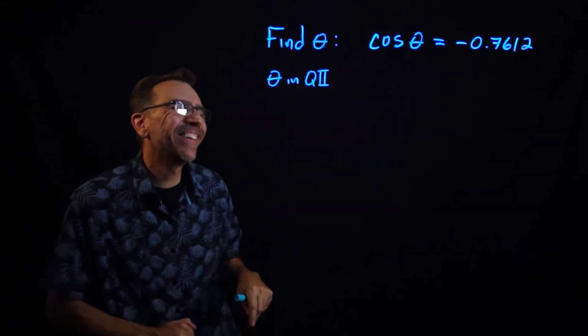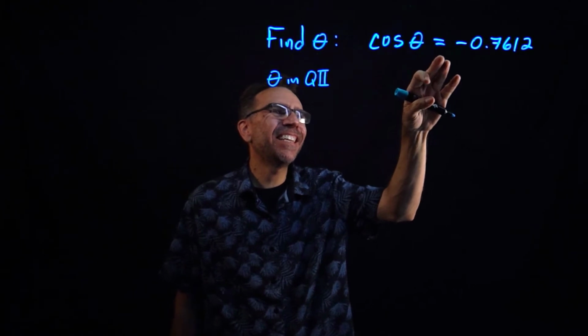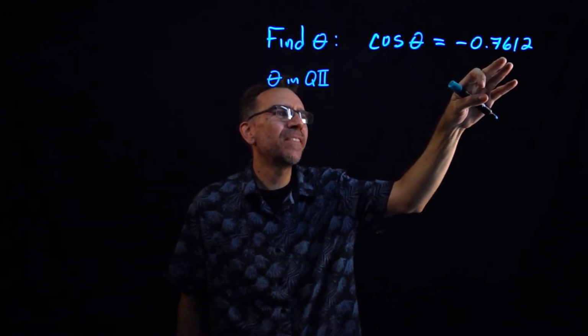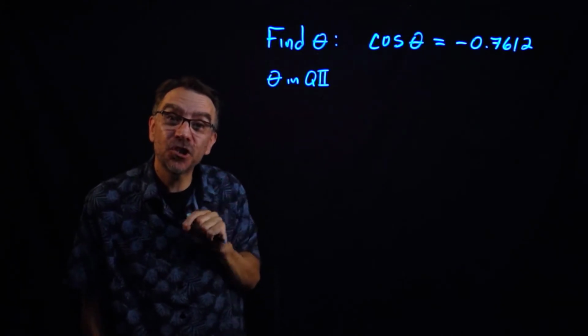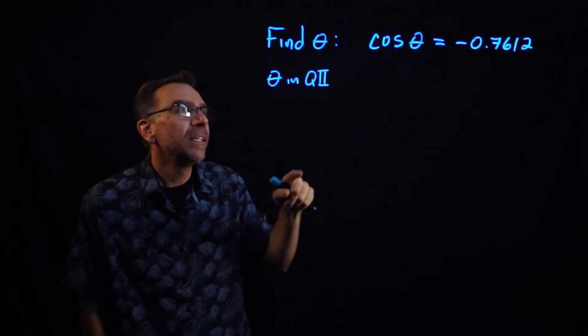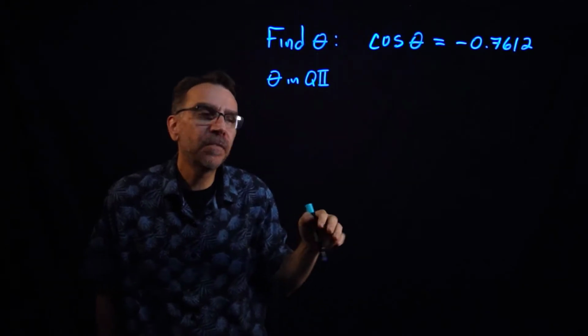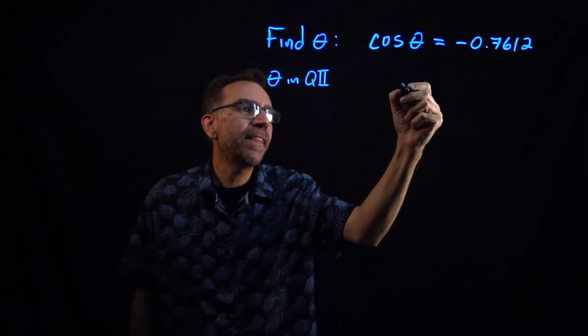Here we have cosine theta equals negative 0.7612. We're asked to find theta, terminating in quadrant 2 this time. I know I'm going to work through the reference angle theorem, so I'm going to find theta hat.